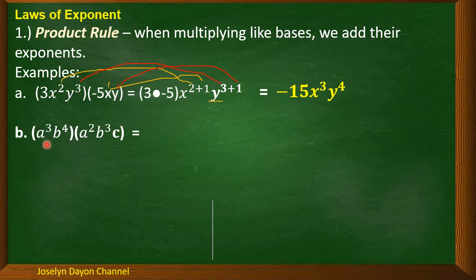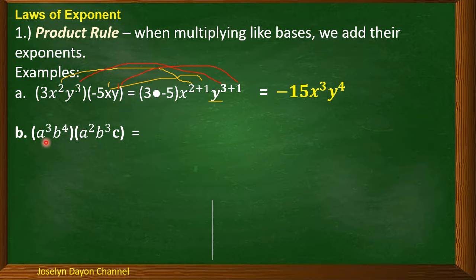Second example: the quantity of a cubed b to the power of 4 times the quantity of a squared b cubed c. So we have to add again the exponents of the bases that are similar.